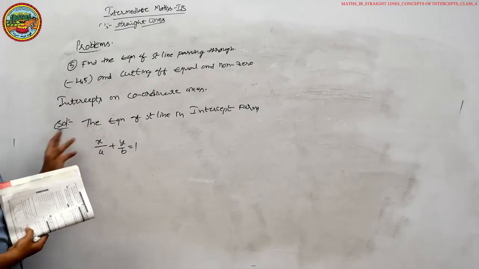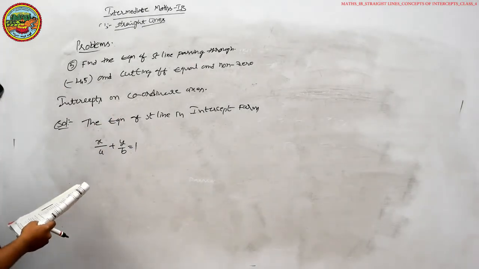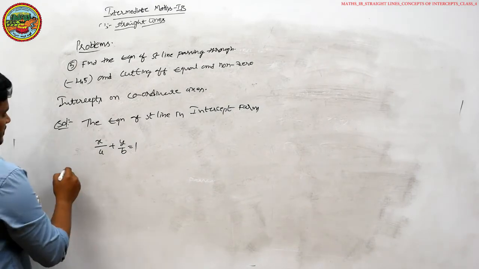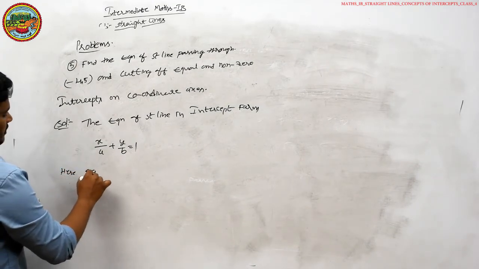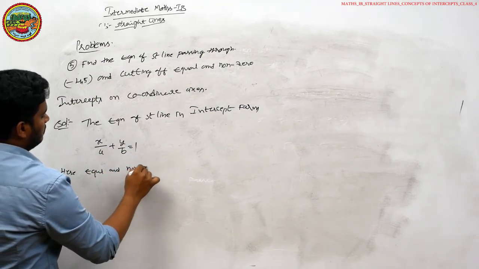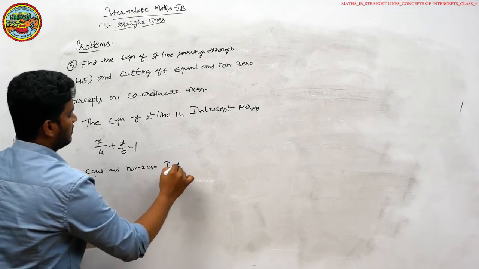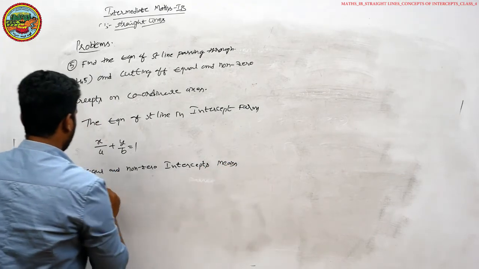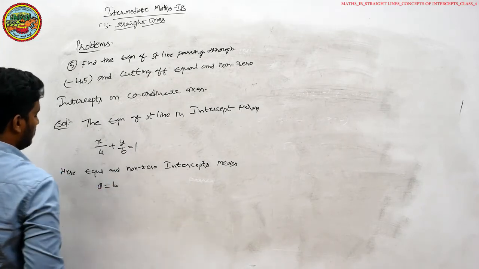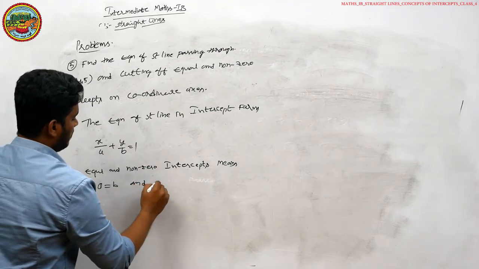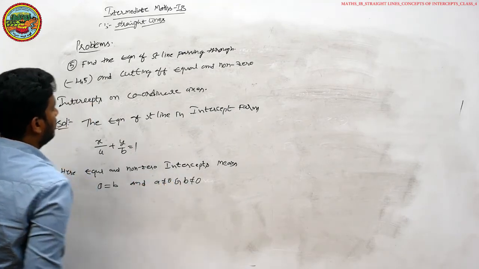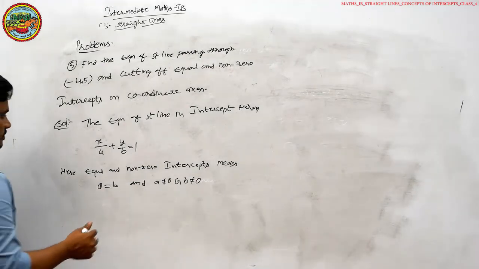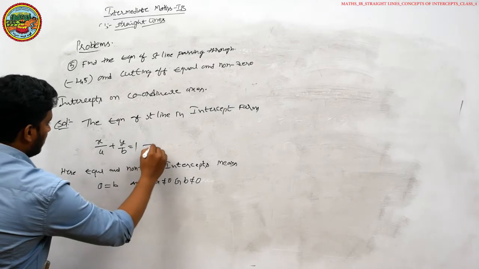Cutting equal and non-zero intercepts means here the x intercept and y intercept are equal, so a is equal to b, and a not equal to 0 and b not equal to 0, and the line passes through the point minus 4 comma 5. Let it be equation 1.